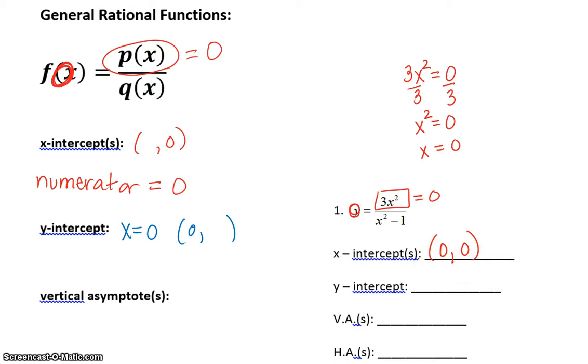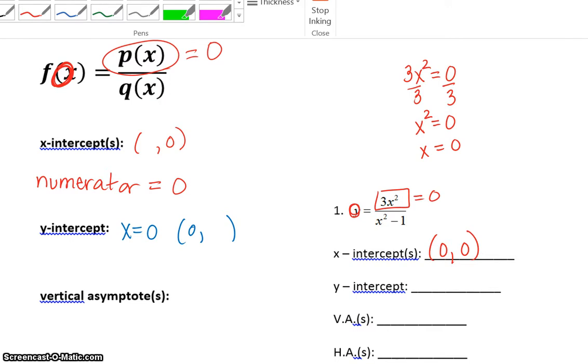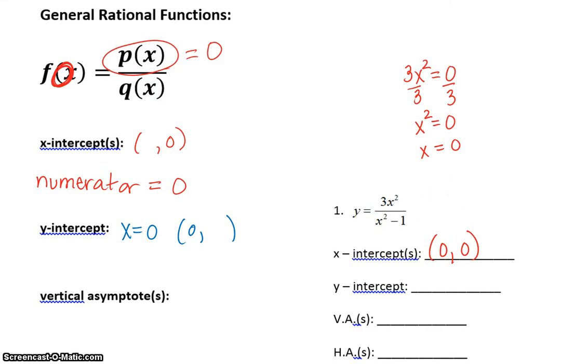But let's actually plug in and see that work. Okay, so here I'm going to go back to the original problem, and I'm going to plug in 0 for x, and we end up with 3 times 0 on the top, or 0 over negative 1, which is 0. So again, we get the point (0, 0), but we're not surprised by that.